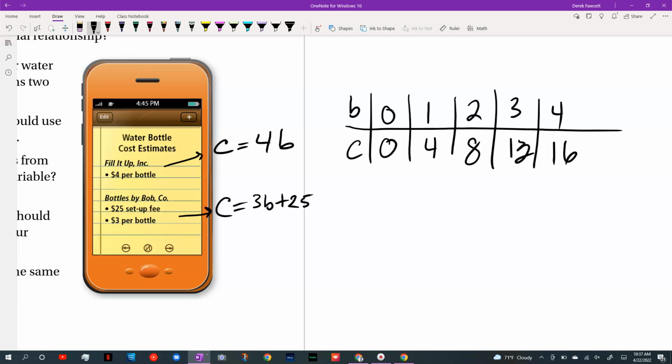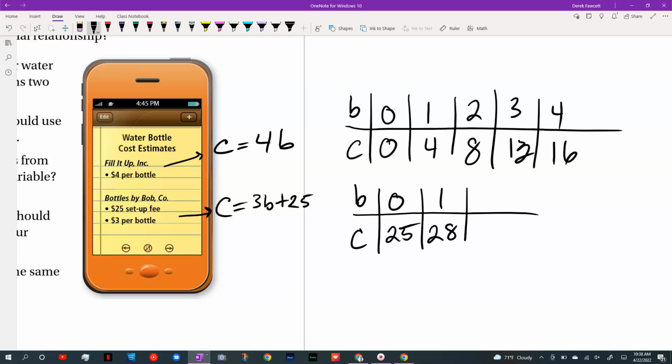And then on this second one, number of bottles and cost, at 0 you would still have that $25 setup fee. If you say, okay, I'm going to do this, and you back out, well, they've already set it up. You have to pay that. But if you bought 1, that's going to be 28. If you bought 2, that would be 31.